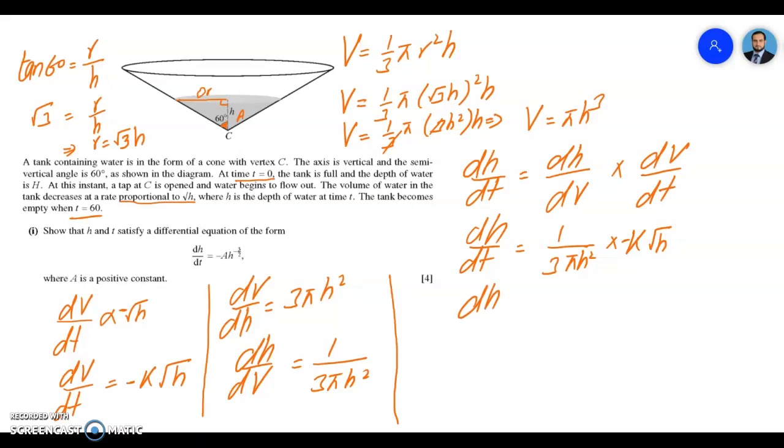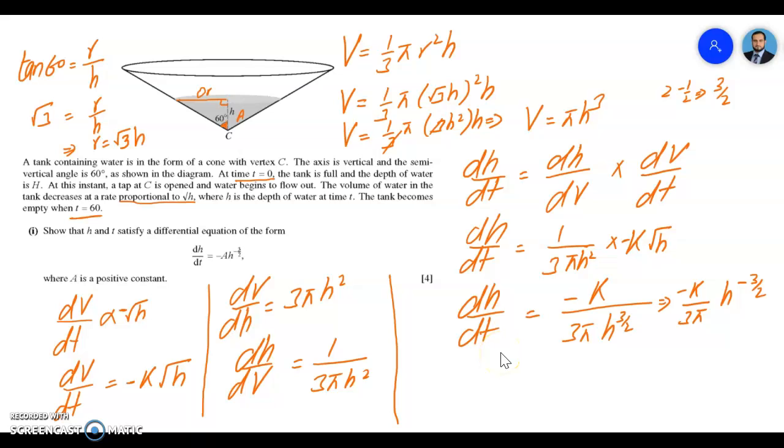If we simplify this, dh by dt is equal to negative k root h over 3 pi h squared. Then h squared and root h, so 2 minus half, that means this is 3 by 2, so h to the power of 3 by 2, which can be written as negative k over 3 pi times h to the power of negative 3 by 2.